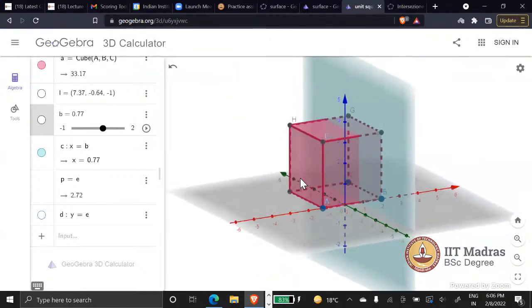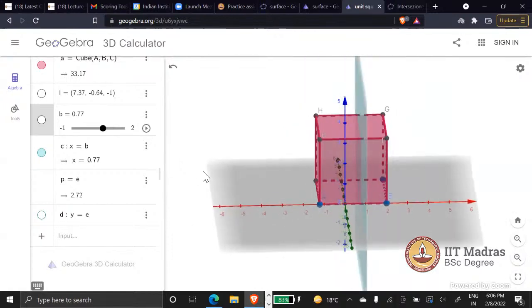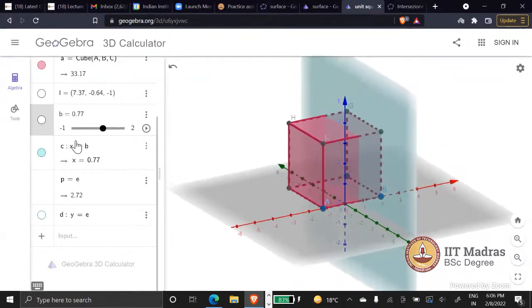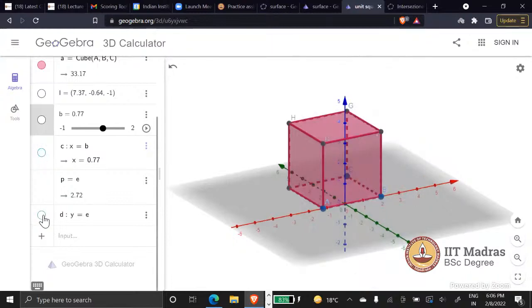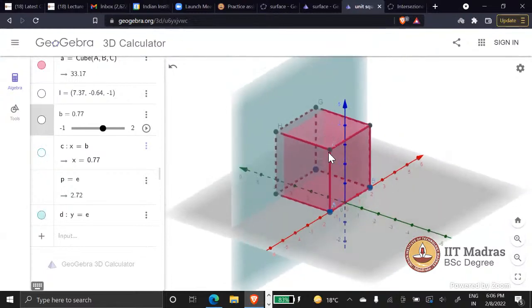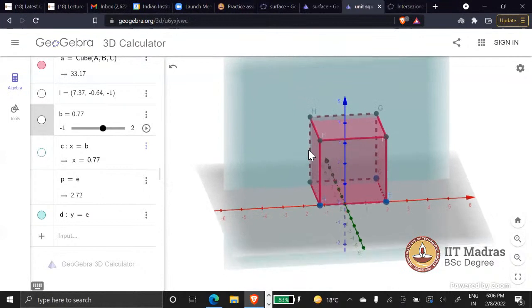Similarly, we can also slice it vertically parallel to the x-axis. So let's say this is the slicing. In this case, the screen axis is your y-axis, right?